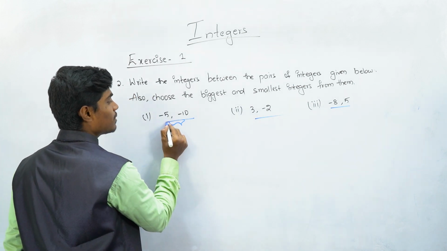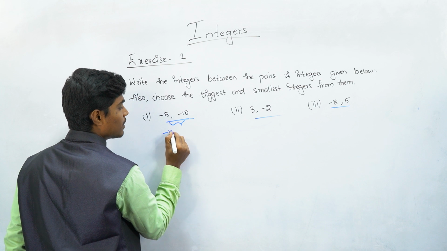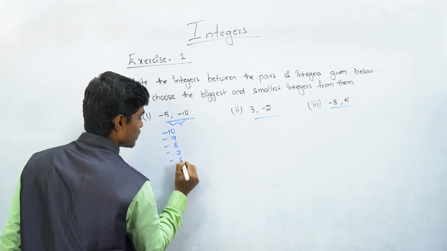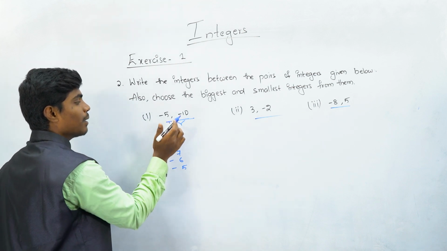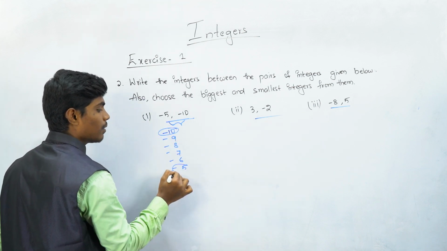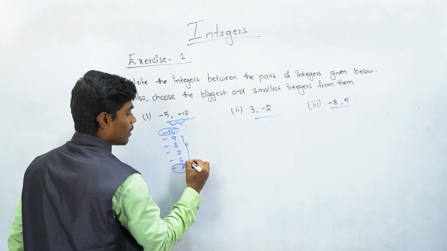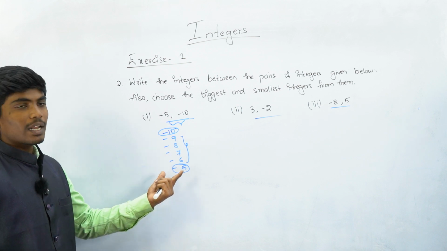First, let's write the numbers between -10 and -5: -10, -9, -8, -7, -6, -5. The numbers in between -10 and -5 are -9, -8, -7 and -6.